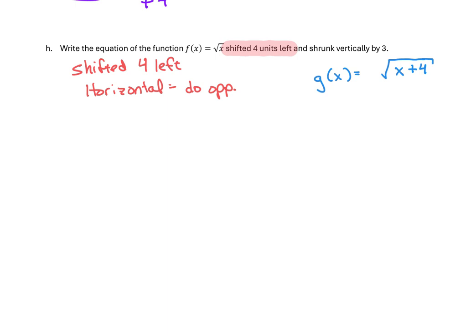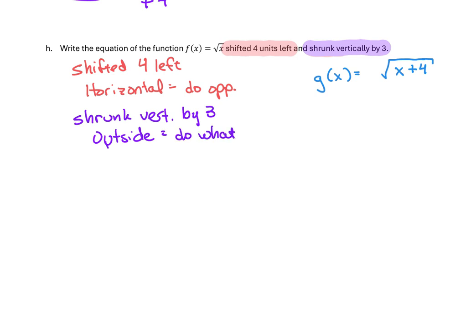We also have shrunk vertically by 3. This is going to be outside. And remember, we do what it says. So in order to shrink vertically, I want to divide by 3.